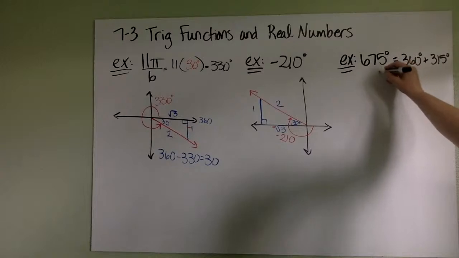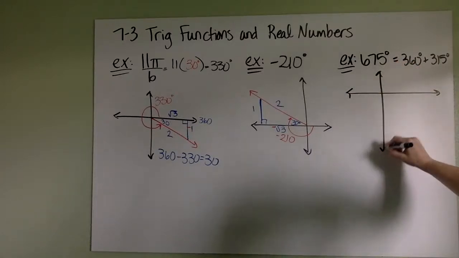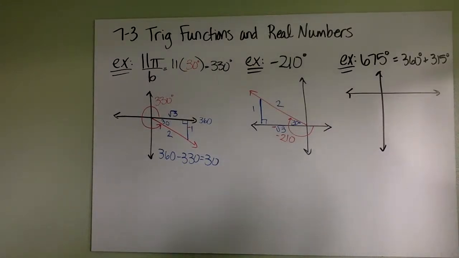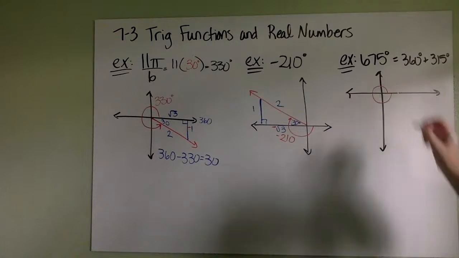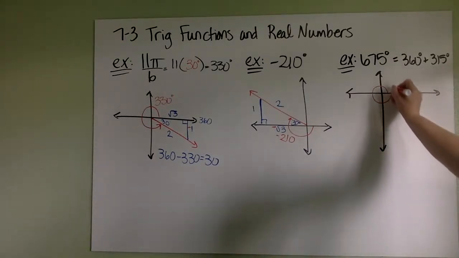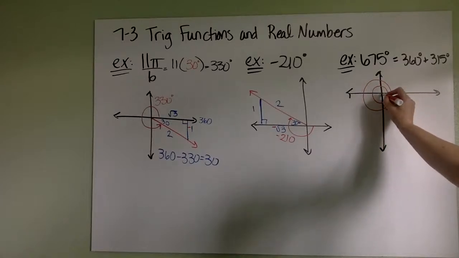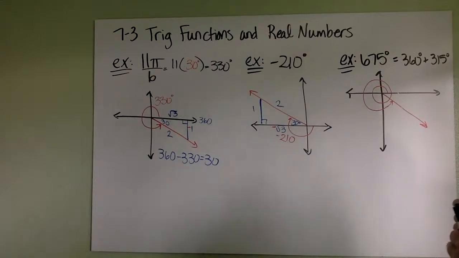So when you think of that angle, the 360 means we went one full revolution around, and then we continued 315 degrees further. So it looks something like that.